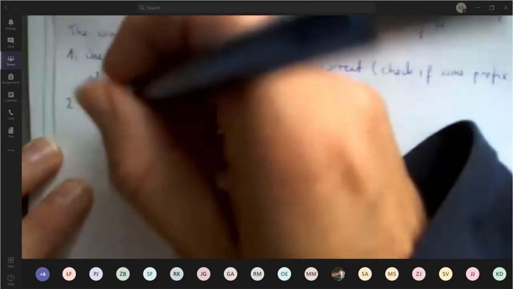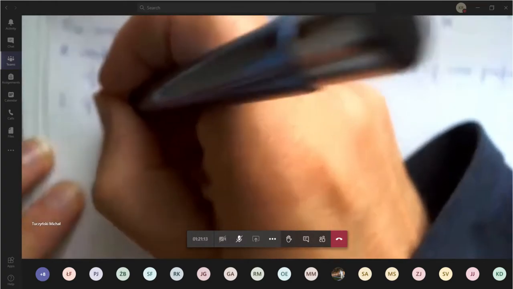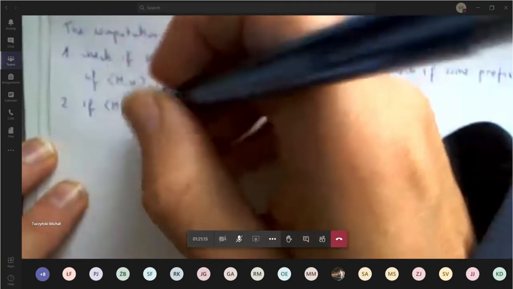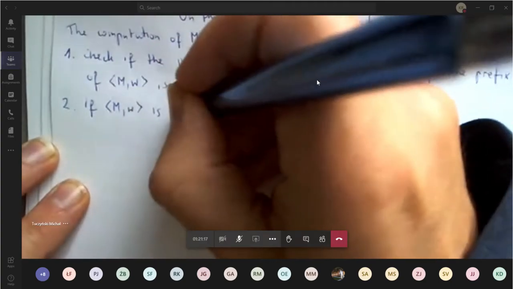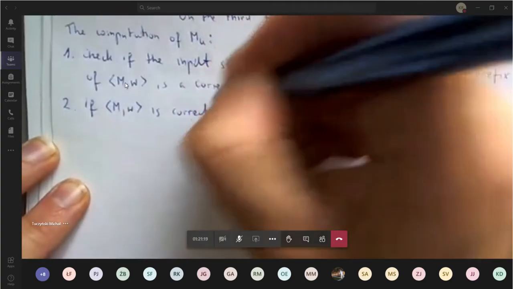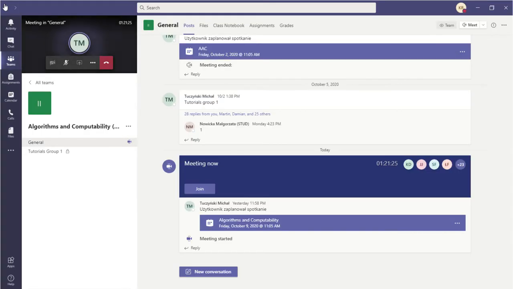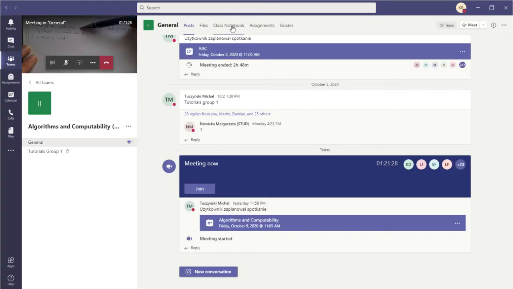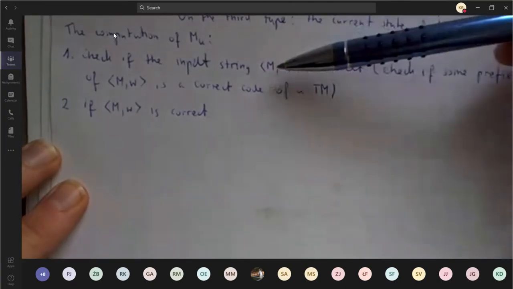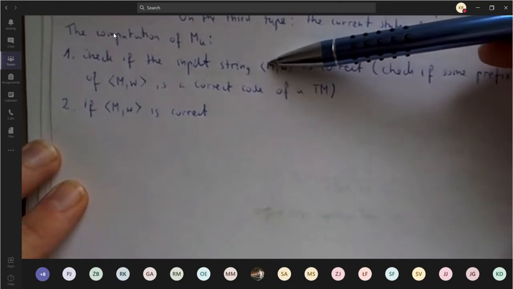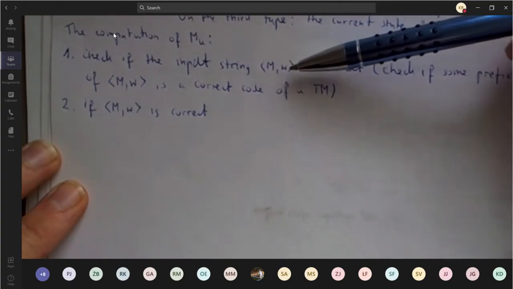Okay, so if the input string is correct. Of course, if it is not a correct code of a Turing machine, for example, the input string does not start with 3 ones, because we know that the correct code of a Turing machine starts with 3 ones, then of course the answer is no, because this is not a correct Turing machine, so it does not accept any string.